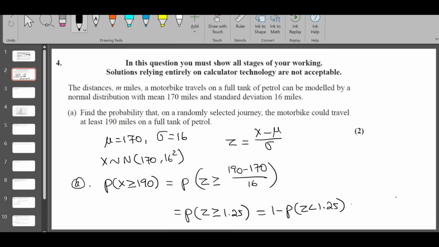So it's 1 minus 0.8944, and you will get 0.1056. You can just leave it as it is, or you can round it to 3 significant figures in the next step. That's all, just a 2-mark question.